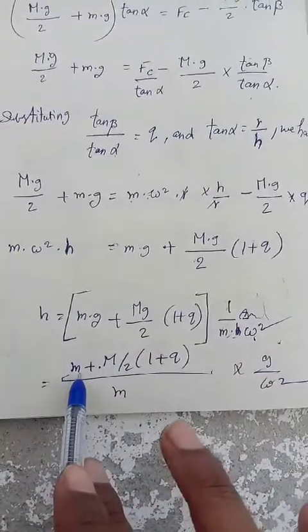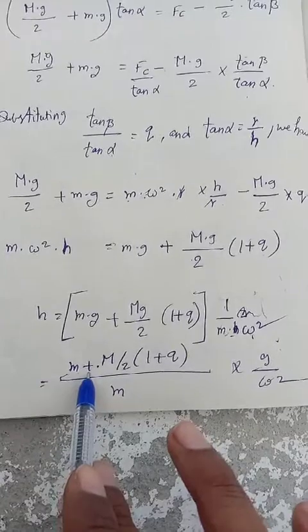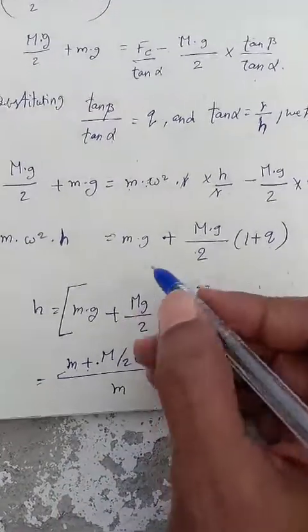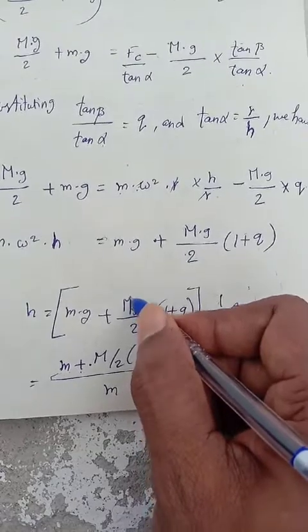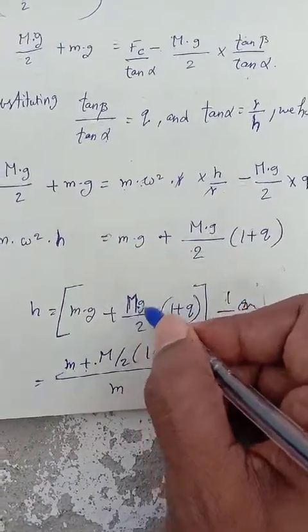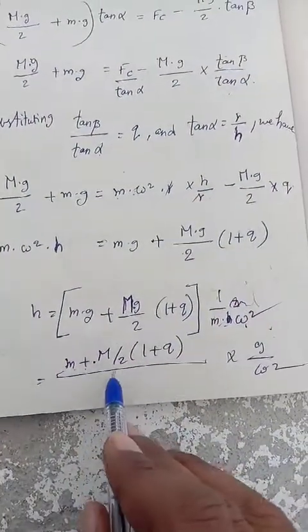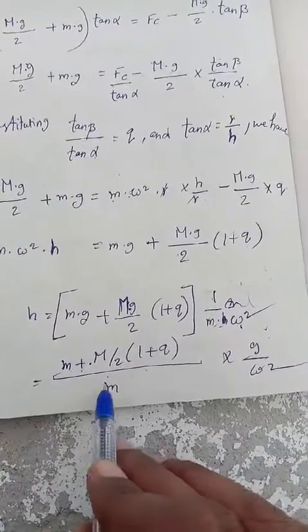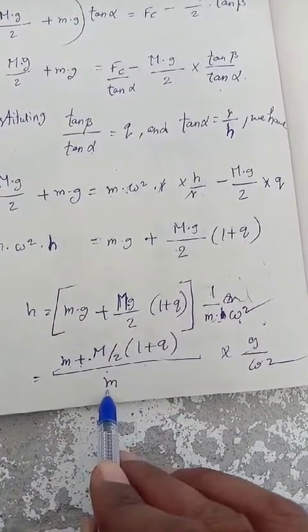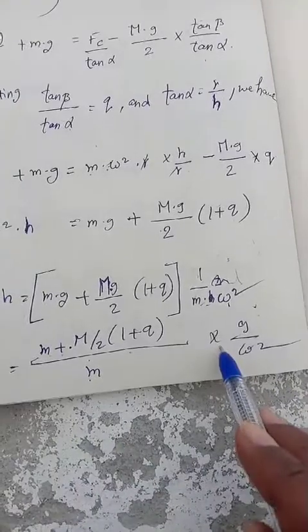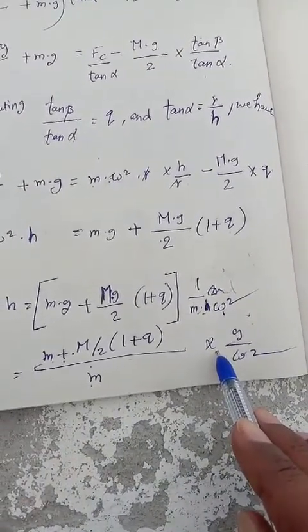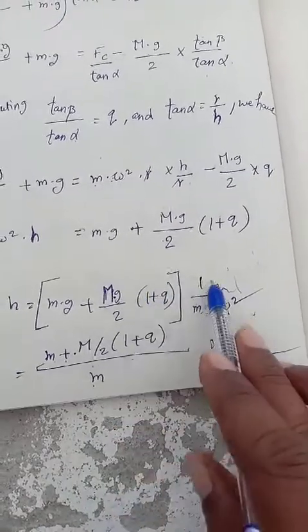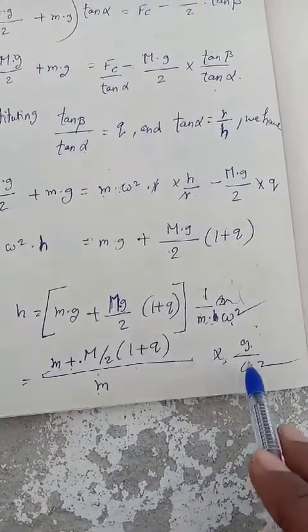And then this equation we can write down here, m into g. Not mg, this is m into g, this is gravity. So m by 2 1 plus q divided by m. And then here, this g you can put it outside, g by omega square.